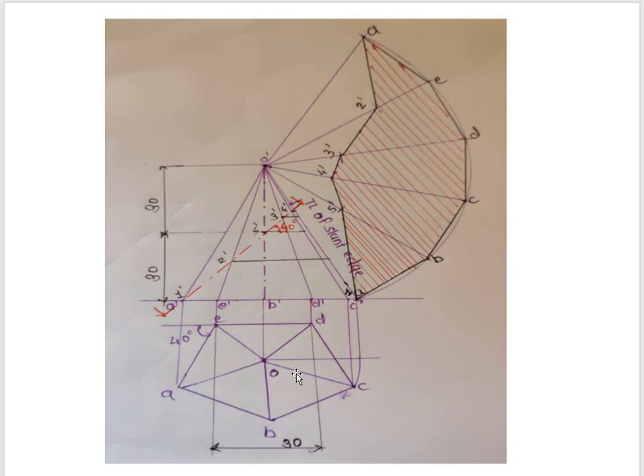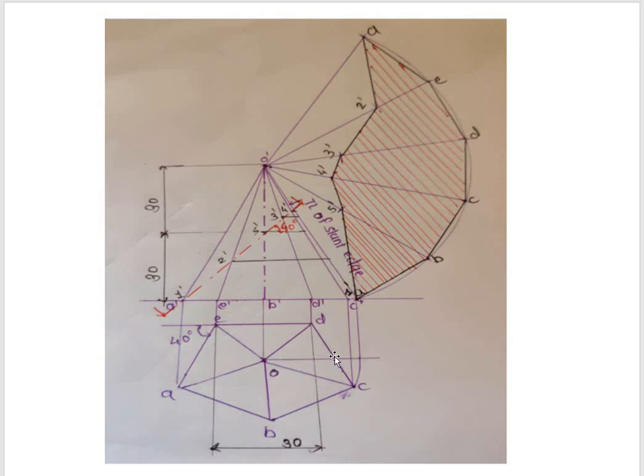Again see here friends, this is the OC and OD, these are not the true lengths, because none of the generators is parallel to the xy line. That's why you have to make one simple arrangement to get the true length, okay.